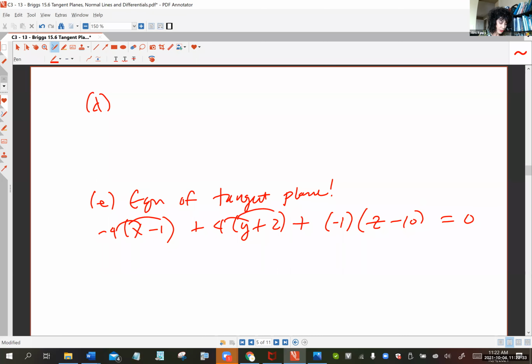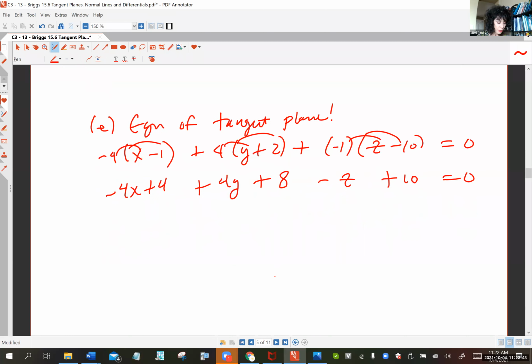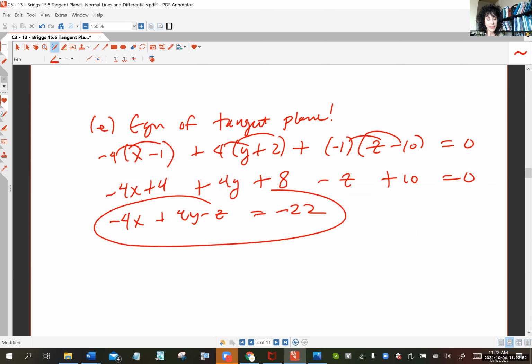And then after doing some distributing and rearranging, I've got negative 4x plus 4y minus z equals negative 22. That is correct.